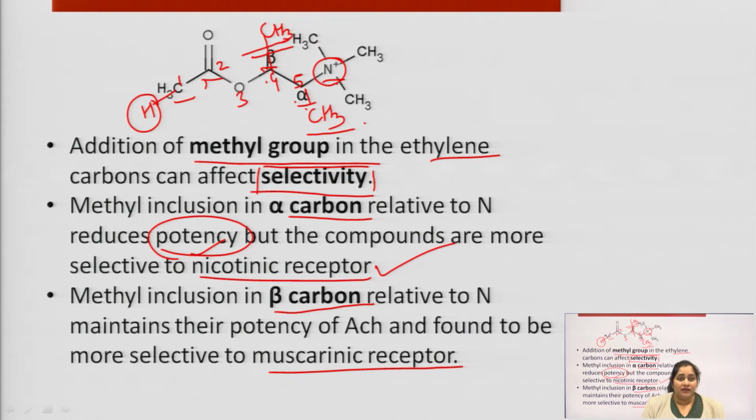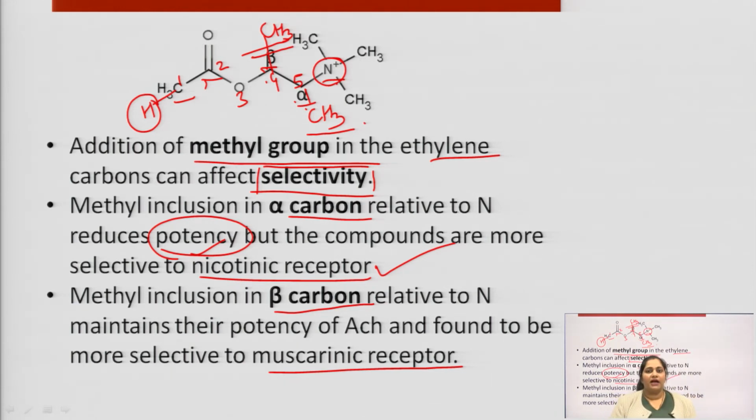So, to make the drug selective towards the nicotinic receptor, one thing to note down is that there should be a methyl group at the alpha carbon position.